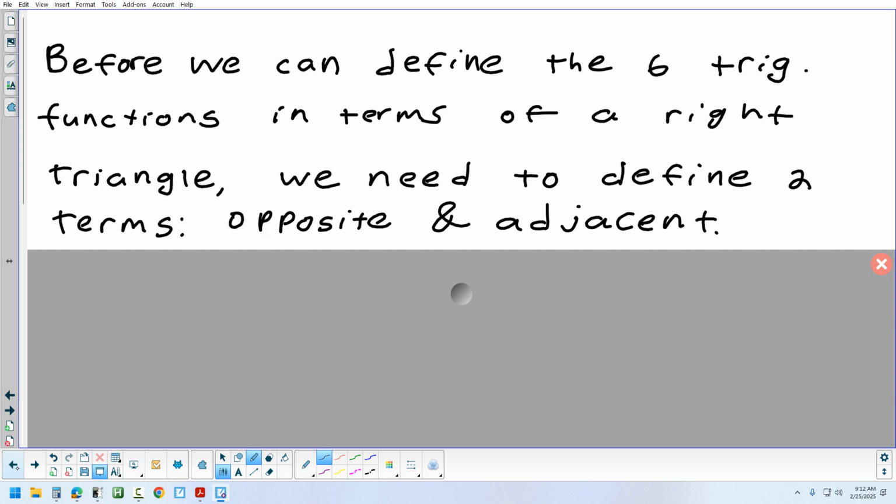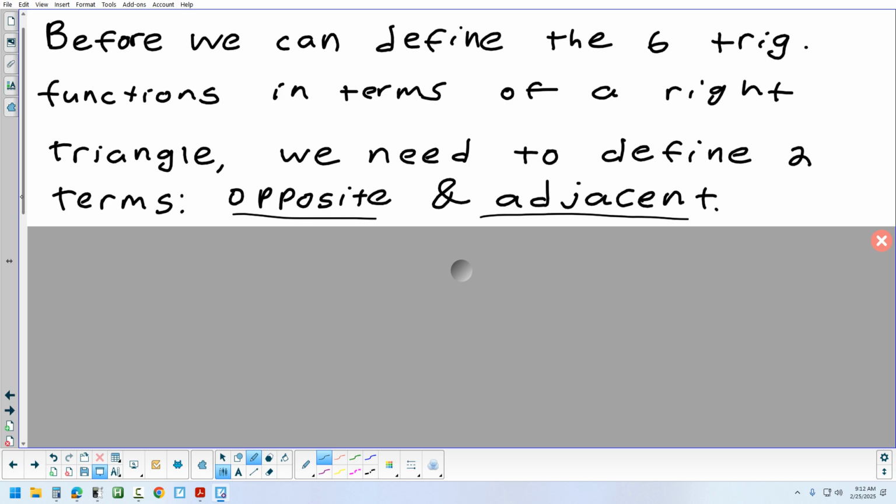We're going to define them today using some different terms: opposite, adjacent, and hypotenuse. We're using different words to define the trig functions, but it really is exactly the same idea as the unit circle. There's no difference. Just a different way to think about it.